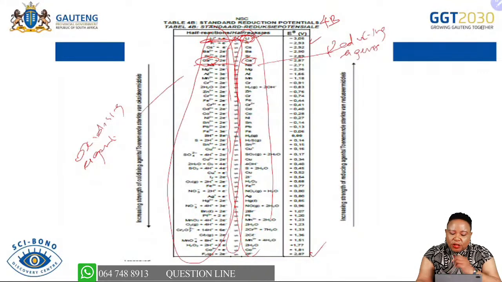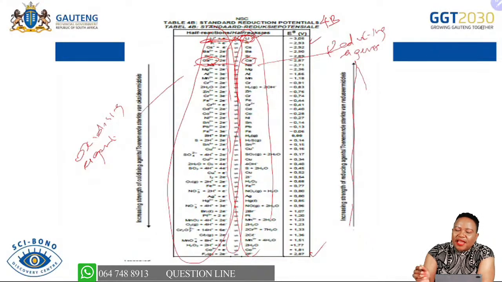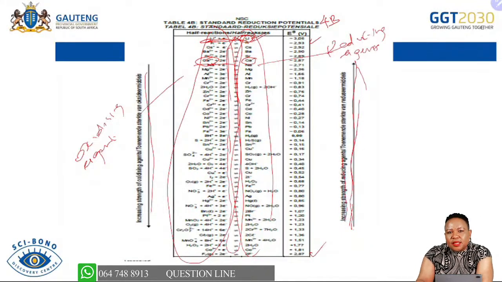So you can see that calcium 2 plus and lithium ions are your oxidizing agents, because they are those substances that gain electrons. And also, there is an arrow on the side that shows the strength of reducing and the strength of oxidizing. Now it says when you go from bottom going up, the strength of reducing is increasing, meaning that lithium is the best reducing agent as compared to all the reducing agents that are found on this table.